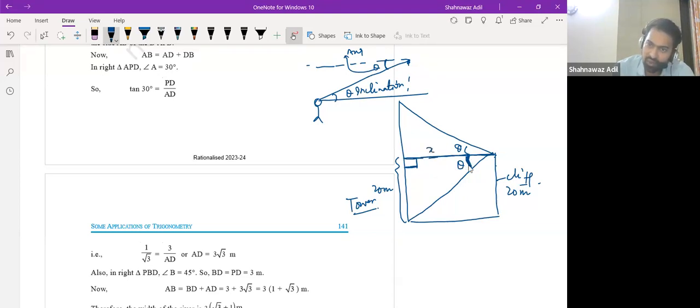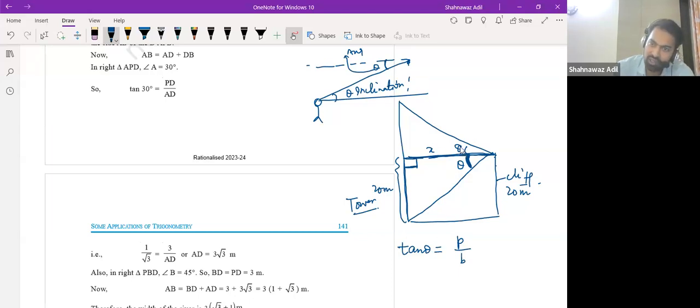So let's say this is your base, and this is your perpendicular. So which thing will we use? The tan theta, right? Tan theta is perpendicular by base, right?